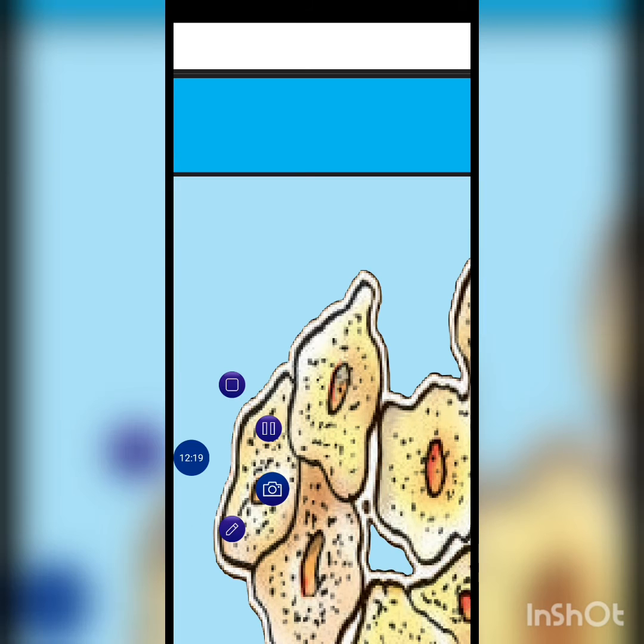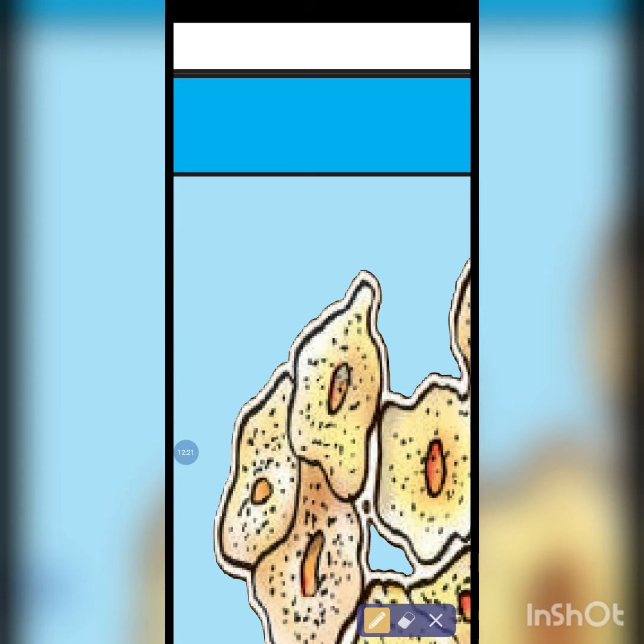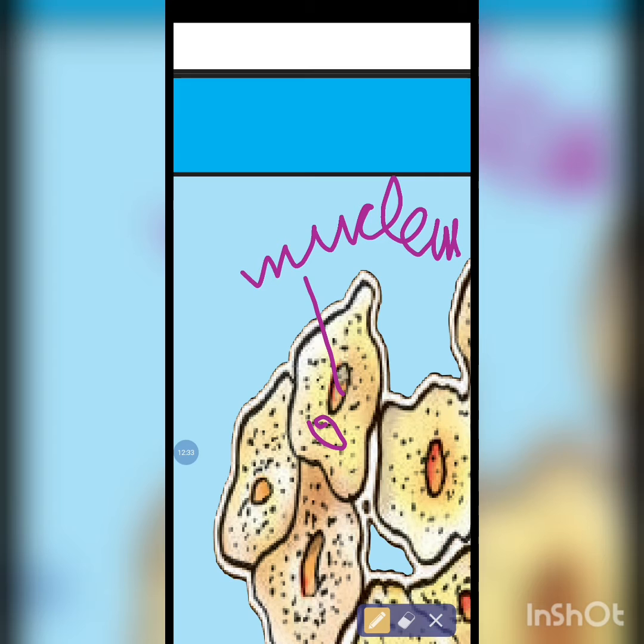Nucleus. What is this portion called? Nucleus. What is the spelling of nucleus? And what is this portion called? This portion is called cytoplasm.